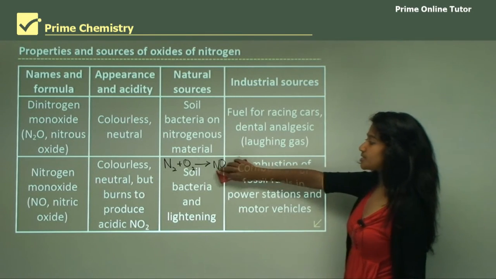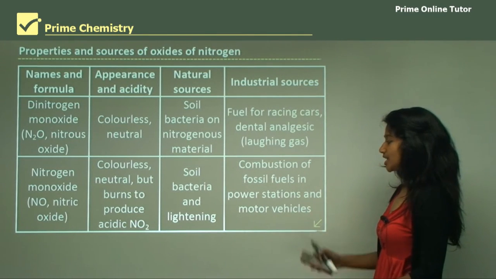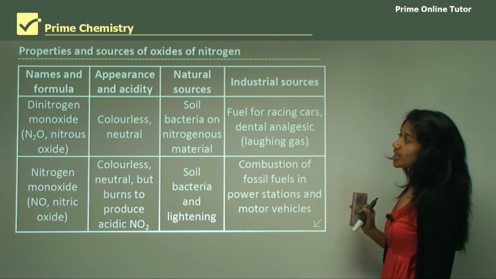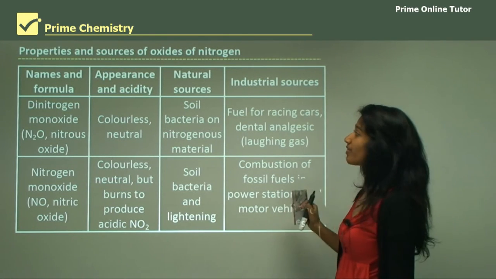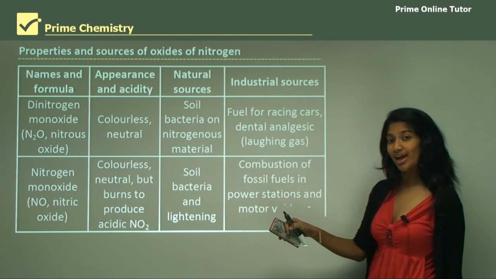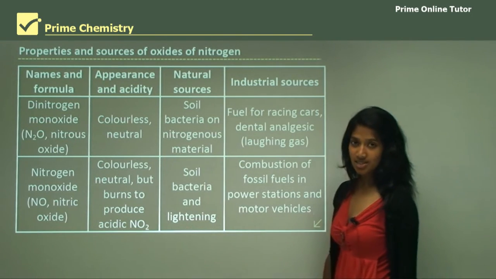And also it is produced in the combustion of fossil fuels in power stations and motor vehicles. Now in this section, what we learned was the oxides of nitrogen. We talked about the sources of nitrogen oxides, both natural and industrial, as well as appearance and acidity.